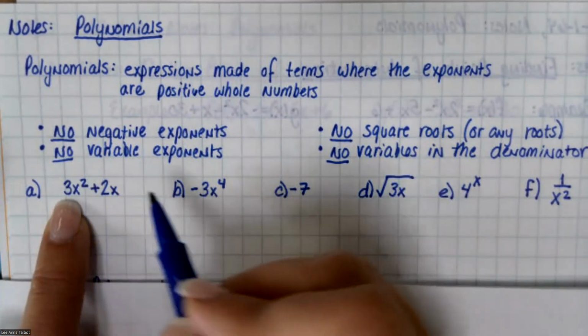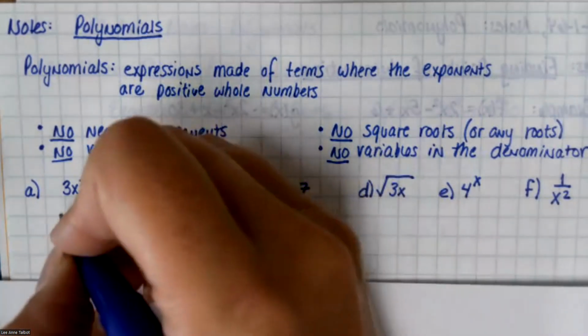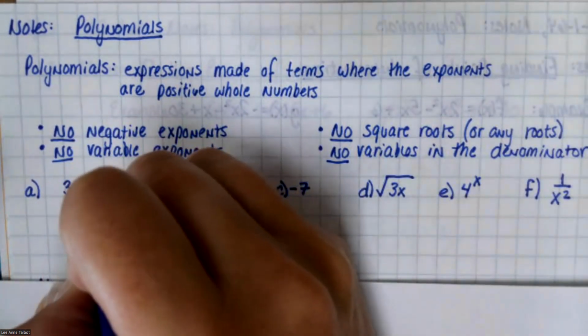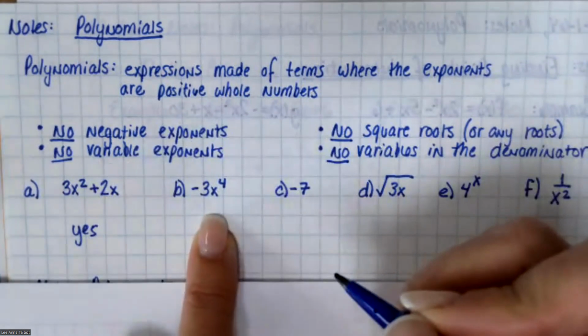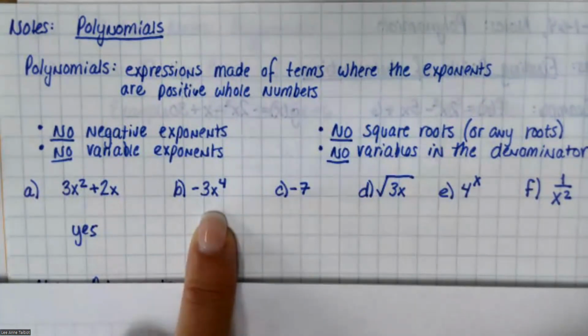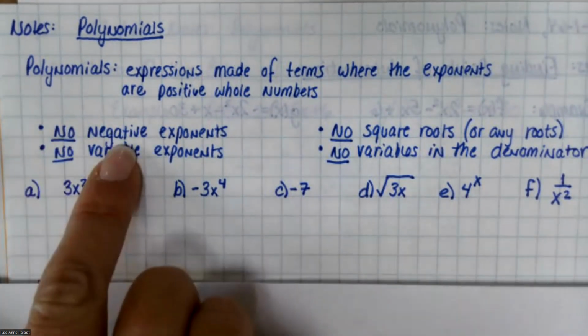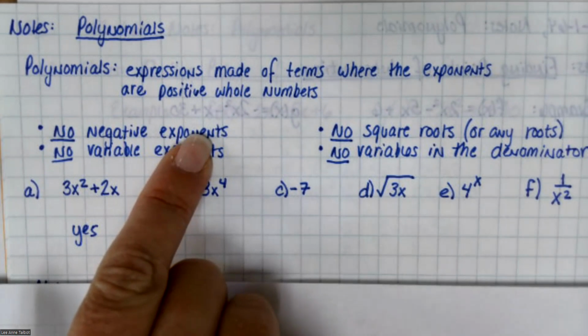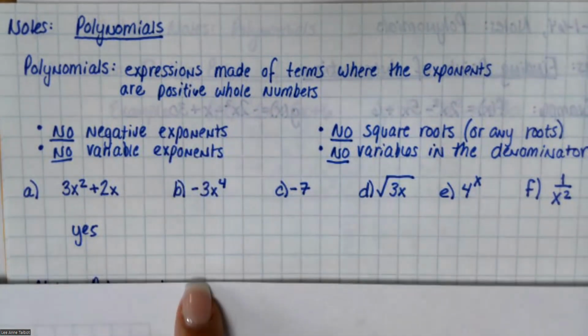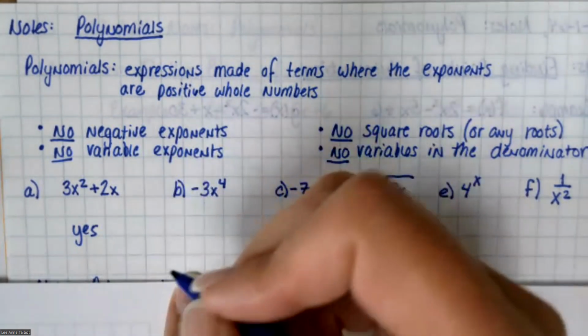Everything has positive whole number exponents. Yes, this one is a polynomial. Is this one a polynomial? Yes. Okay. It says no negative exponents. It doesn't say anything about negatives. It just says no negative exponents. This is why we're going over it.